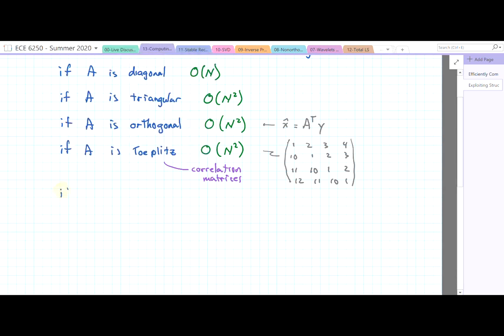So if A is circulant, then we have order n log n, which is better than n squared and much better than n cubed. So a circulant matrix, basically we can use Fourier techniques with that.